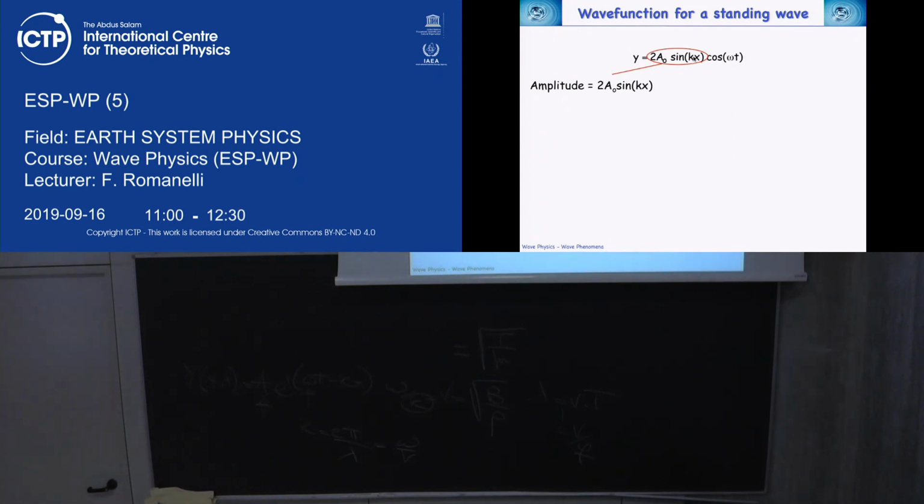Well, it depends on the spatial function. Where the sine will have zeros, it will be forever zero. Where it will be maximum, it will always be the maximum. And the points will oscillate with different amplitudes according to this one, with the same frequency.